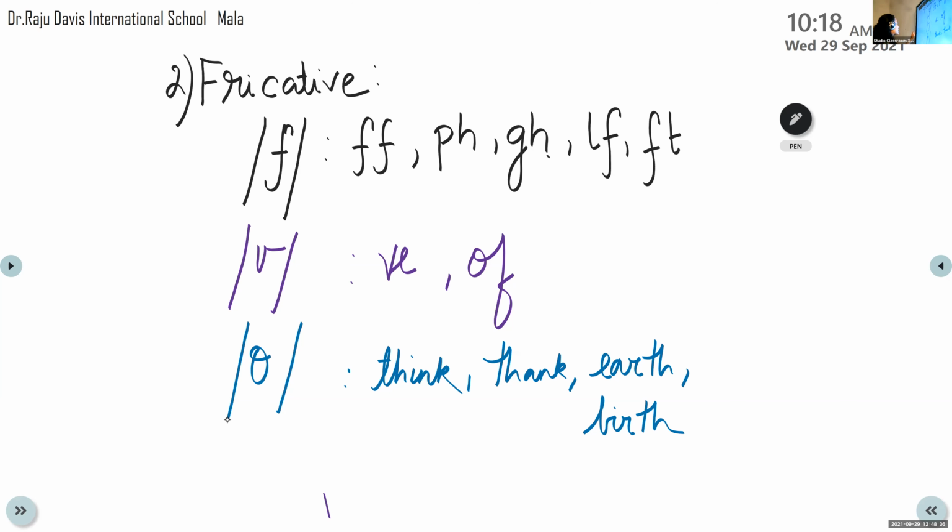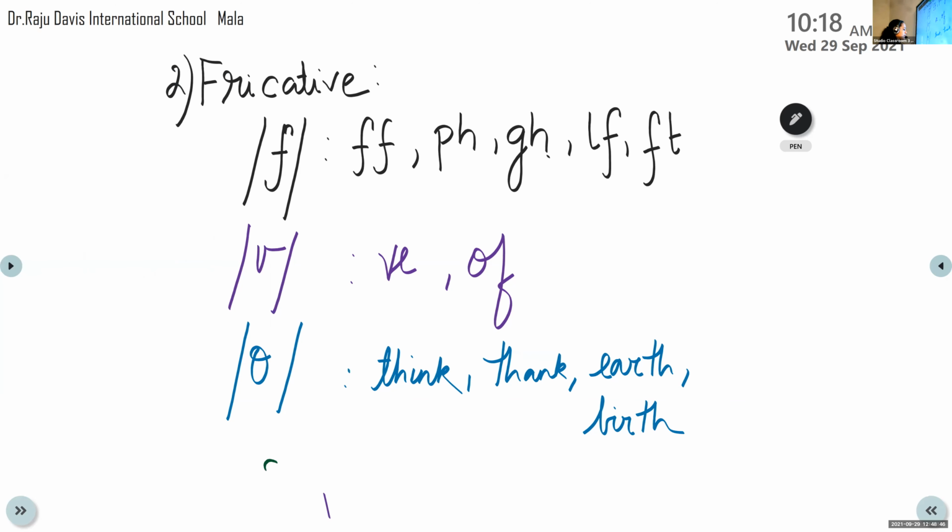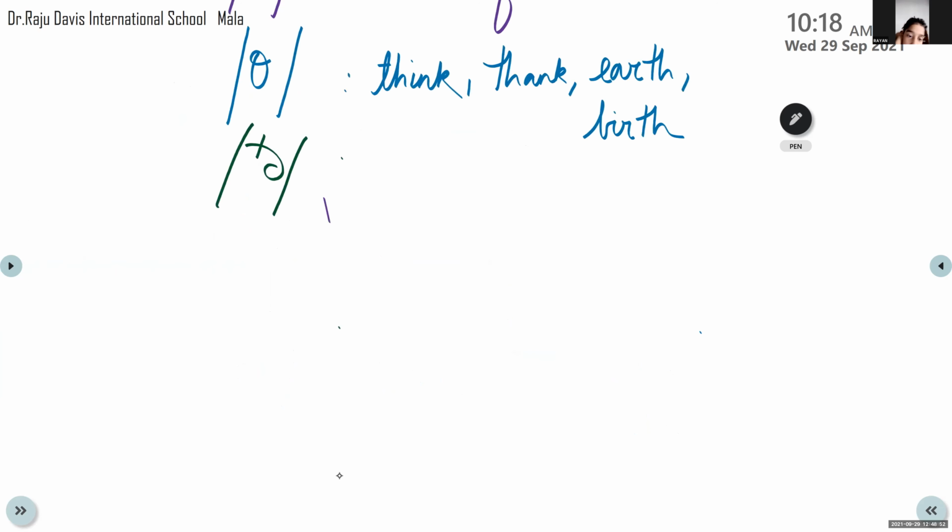If it is the other th, the symbol is slightly different. It is like, if you write a D, instead of that, you just tilt it and put a cross.